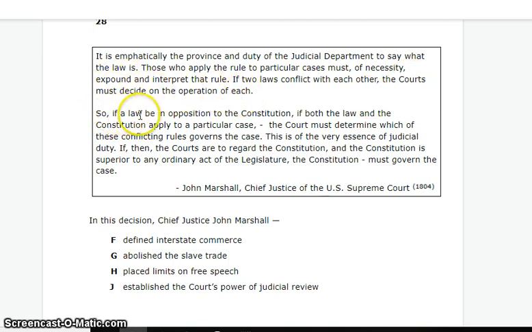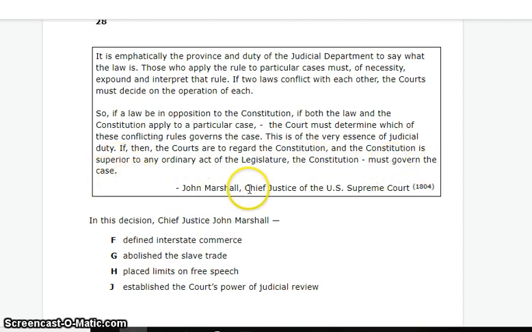So, if a law be in opposition to the Constitution, if both the law and the Constitution apply to the particular case, the court must determine which of these conflicting rules governs the case. This is the very essence of judicial duty. If, then, the courts are to regard the Constitution, and the Constitution is superior to any ordinary act of legislature, the Constitution must govern the case.